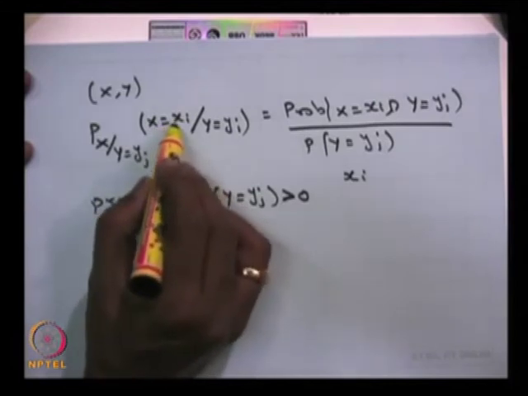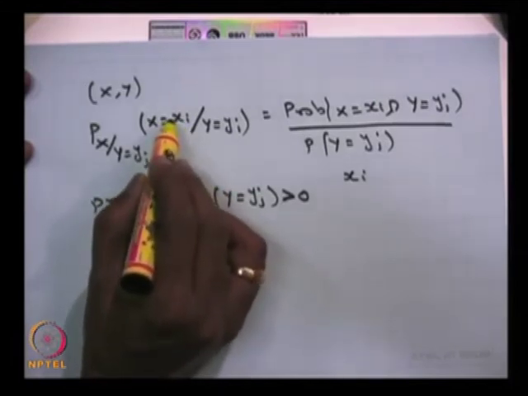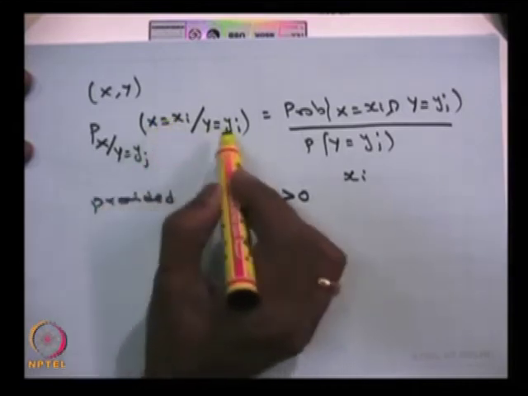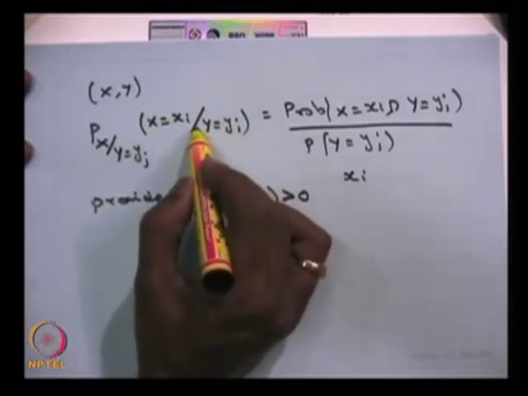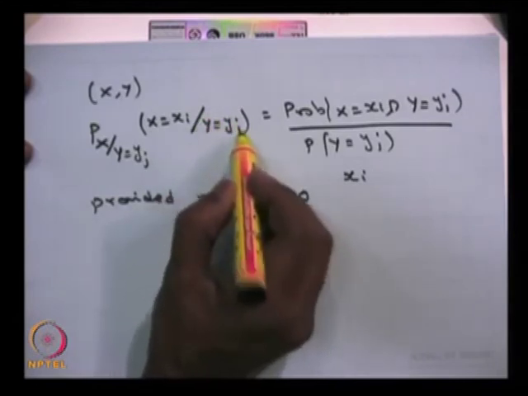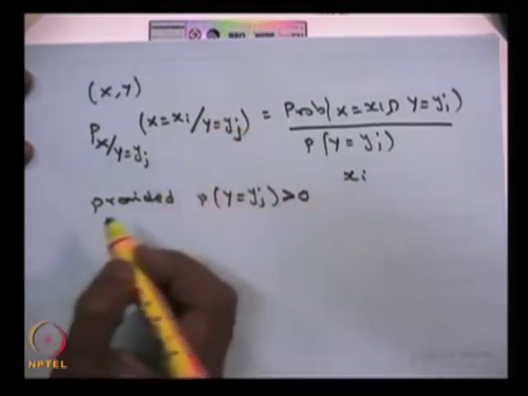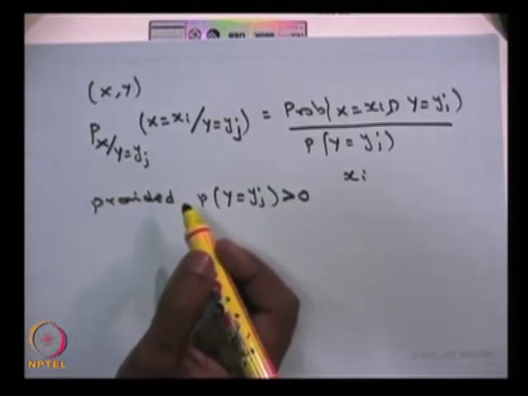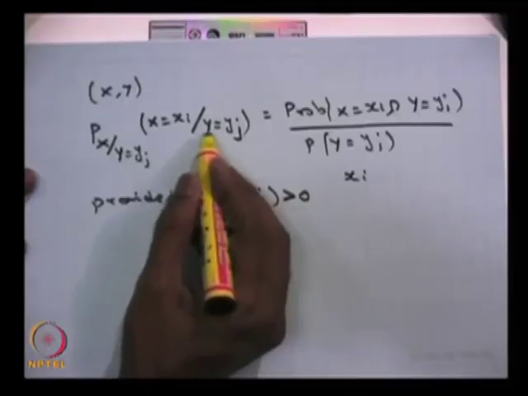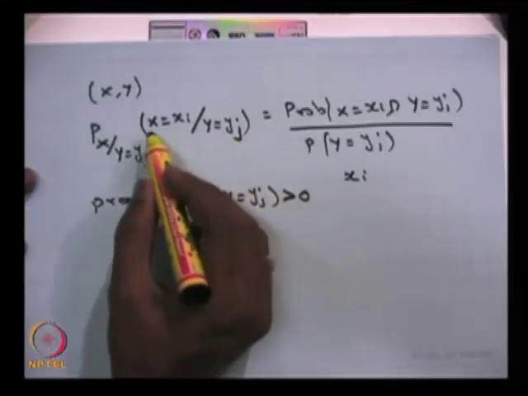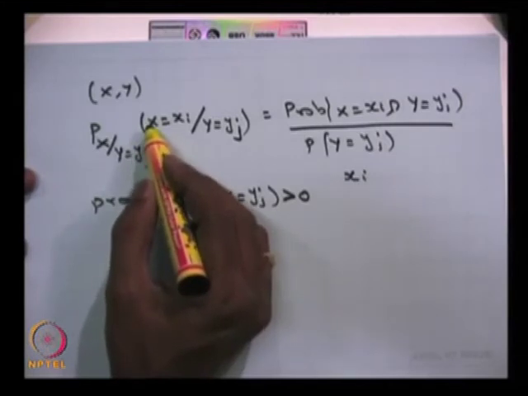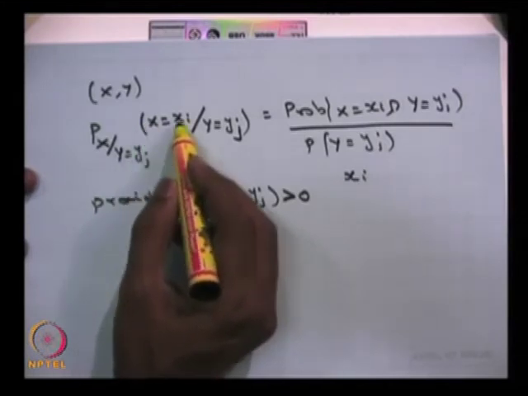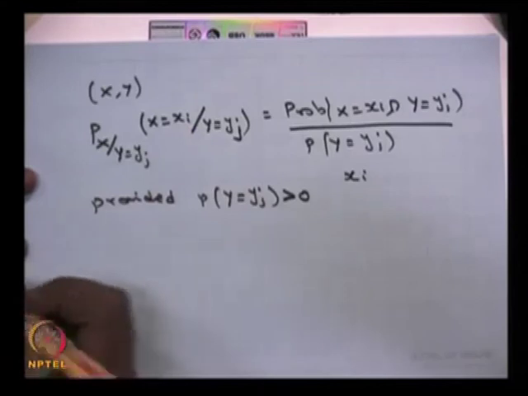Still our interest is to find the distribution of X only, given the situation that the other random variable Y takes the value yj. That means from the omega you end up with one reduced sample space corresponding to Y equal to yj, and from the reduced sample space you are trying to find the distribution of the random variable X for all possible values of xi.